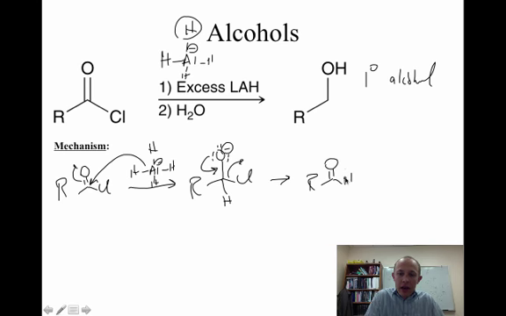We get an aldehyde, right? We already know aldehydes can be transformed to primary alcohols using lithium aluminum hydride. So the first two steps are our addition and leaving group leaving to give an aldehyde, which then continues to react with the excess lithium aluminum hydride to give our primary alcohol.